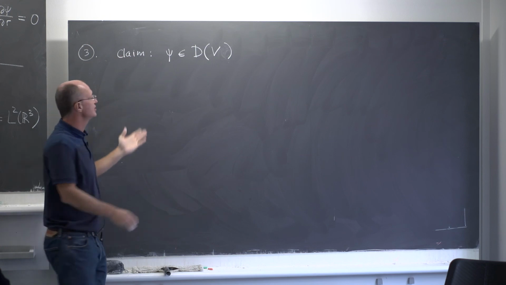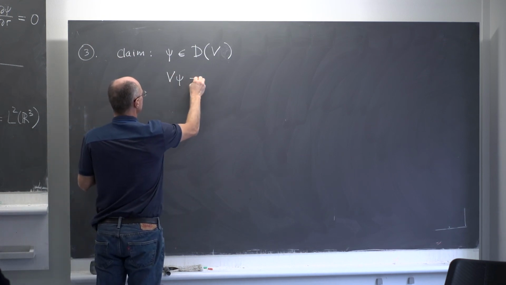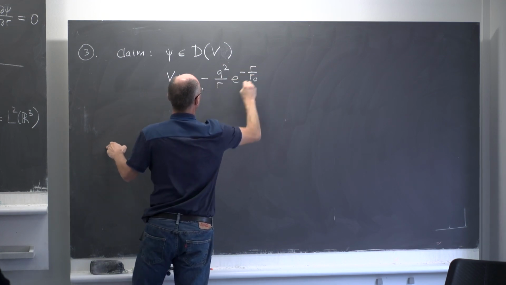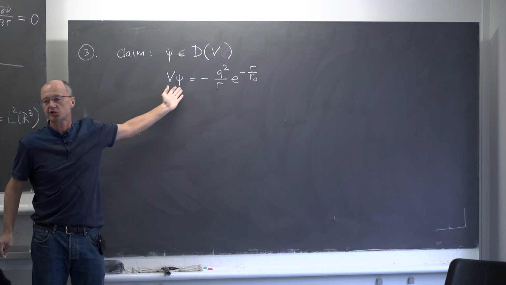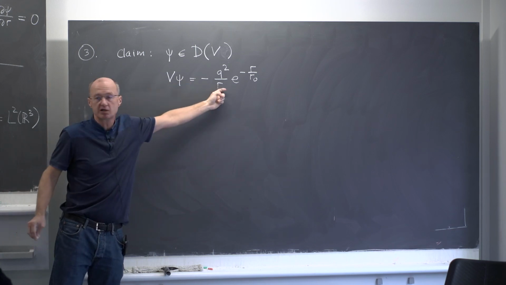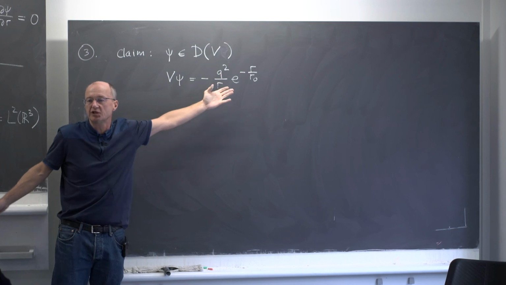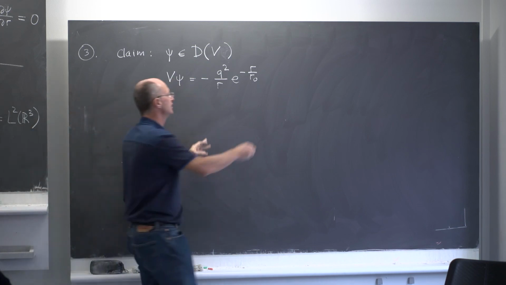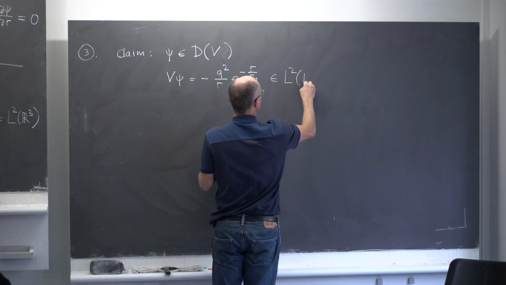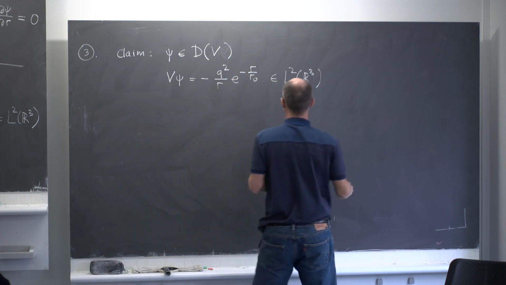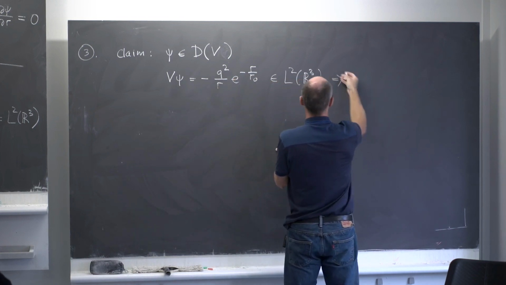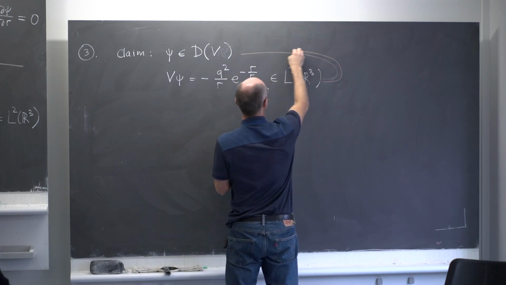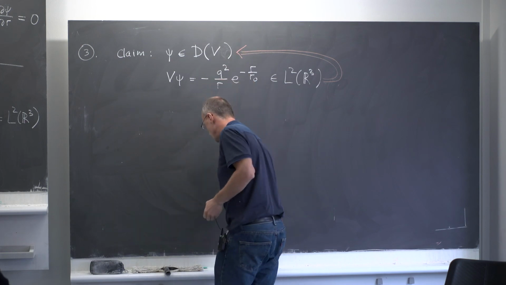Of course, this is easy to check. V psi is minus q squared over r, exponential minus r over r naught. And simply to check whether it's in the domain, we should check whether it's square integrable or not, right? Here it's not a differential operator, it's a multiplication operator. So it is in the domain, it's square integrable, hence psi is in the domain.